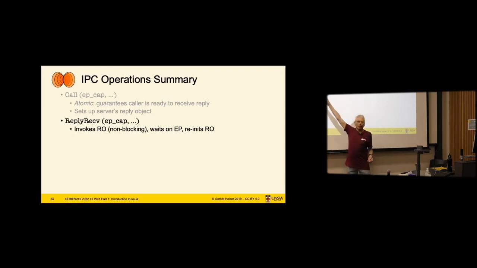The server operation, reply and receive, is: I finished this request, send the result back, and now I'm going back to wait for the next call. It's also atomic. That's not so necessary from the pure functionality point of view. It's actually important for real-time considerations. So basically, the server cannot be interrupted or preempted in doing the reply to the client.